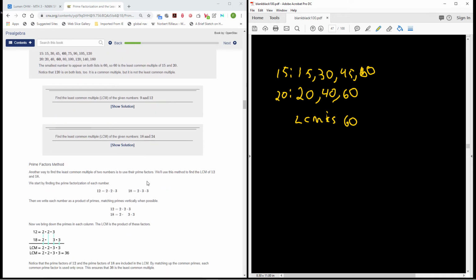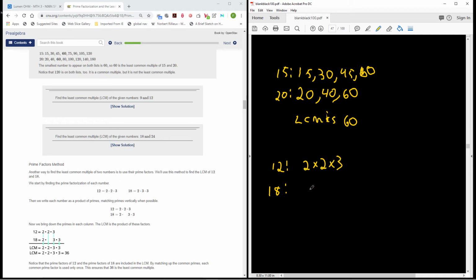Now, another way of doing it is using prime factors here. So you can do the prime factors between, let's say, 12 and 18. I do the prime factorization for 12: I have 2 times 2 times 3.